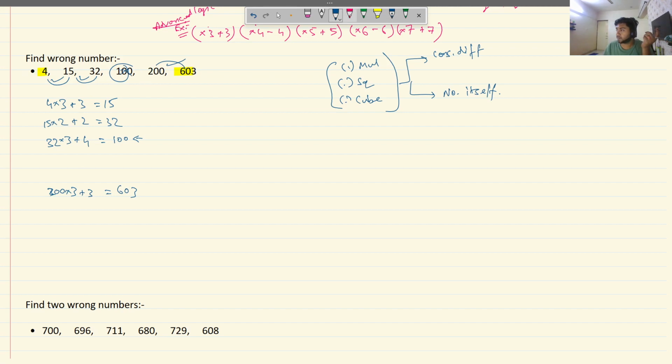So if this would be 3, then my 100 would be 99. Let's check if it's coming or not. So here it was multiplied by 3, here multiplied by 3, and alternately it's getting multiplied by 2, so it will also get multiplied by 2.